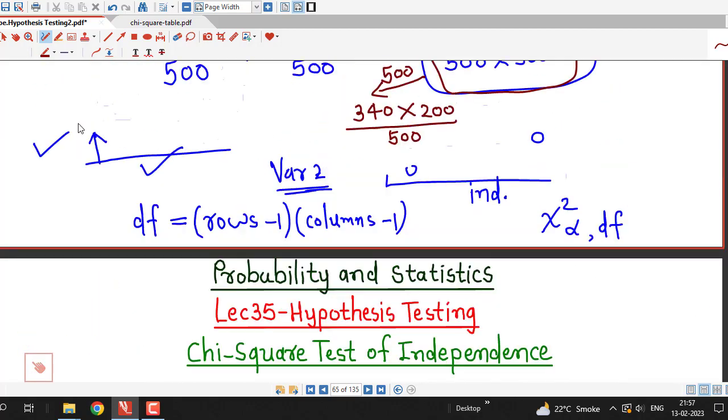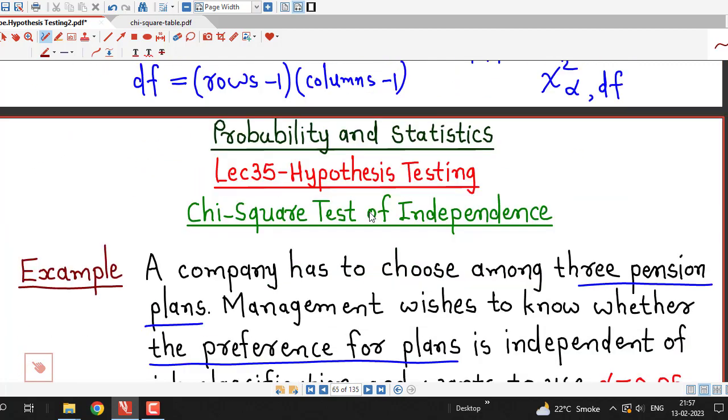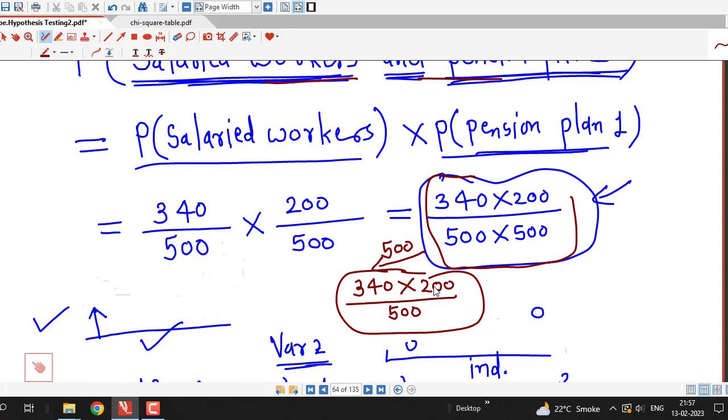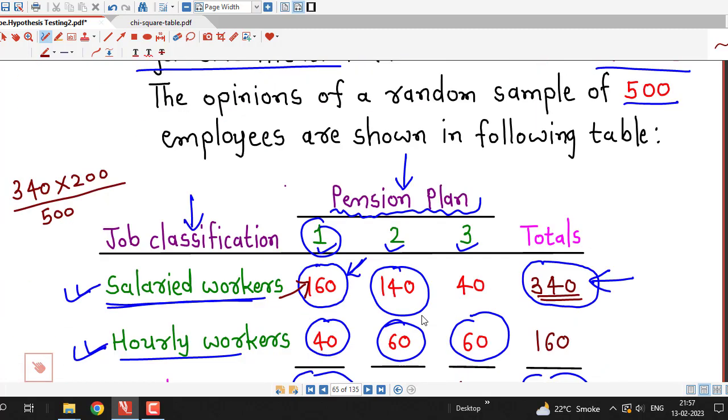So you can see we have obtained this number here. That is the reason why we are taking the row total times the column total divided by the total number of observations. So this is just for understanding why we take the row total into the column total divided by the sample size to write down the expected frequencies.